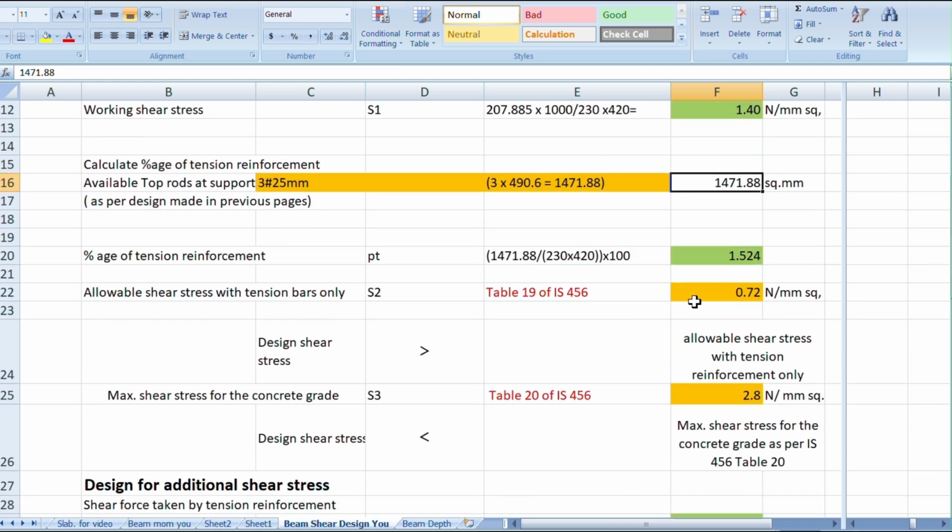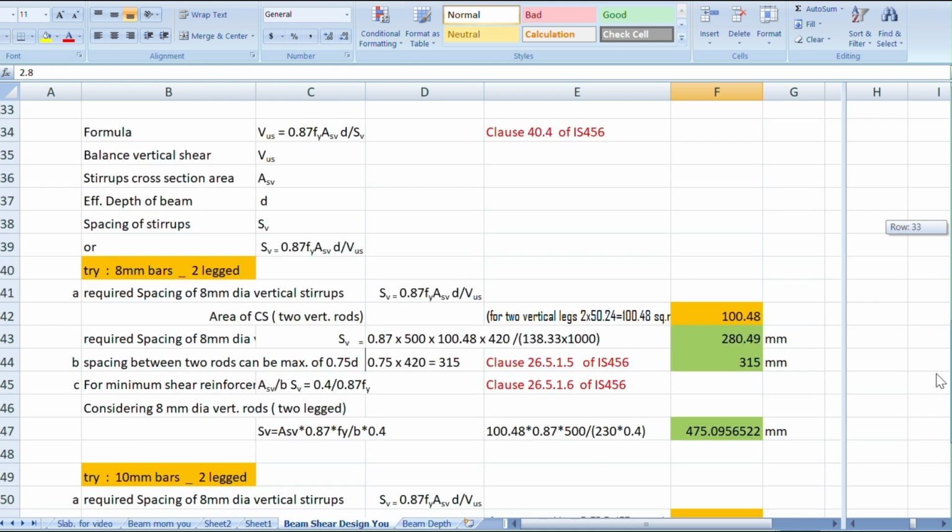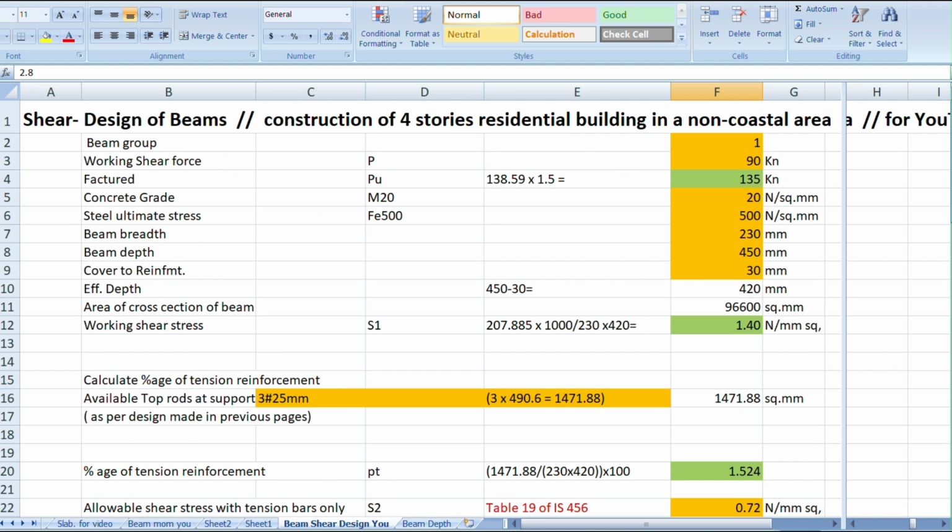The orange cells should be filled by seeing the tabulation, taking the permissible shear stress from the table based on the percentage of reinforcement, and likewise the maximum permissible stress. By following these methods, we can do any number of beams in the simplest way by just checking the values in these orange cells.